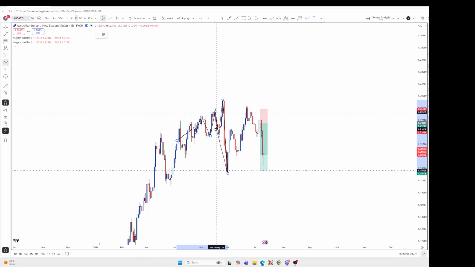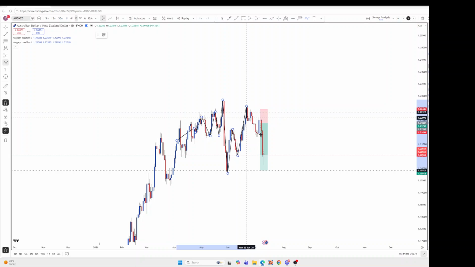So for me, price had gone bearish at this point, and then we can see price comes back up here. So it's had a reaction from that level, and continues to trend up. Some people think, well, this is obviously bullish, and it is a bullish move, but overall the structure of this daily time frame is bearish. And then you can see where I've taken my entry, for price to come down here.